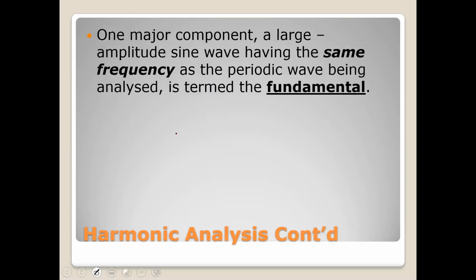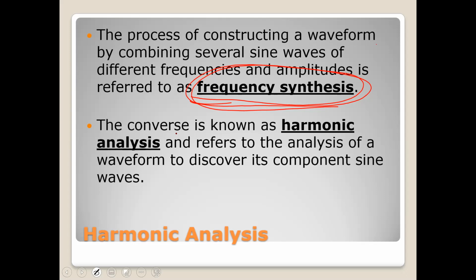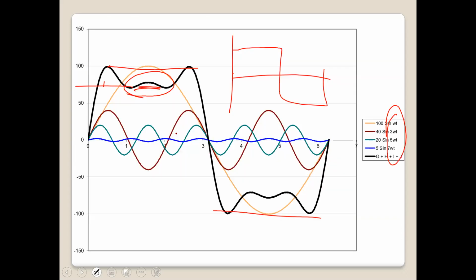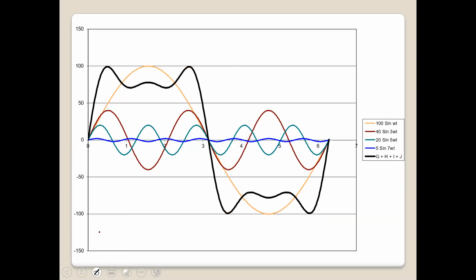Alrighty. Now, if you note that 100 sine omega t, if we go back to the sketches that we had, as we have already said, the waveform shown in black here will ultimately be a square wave.